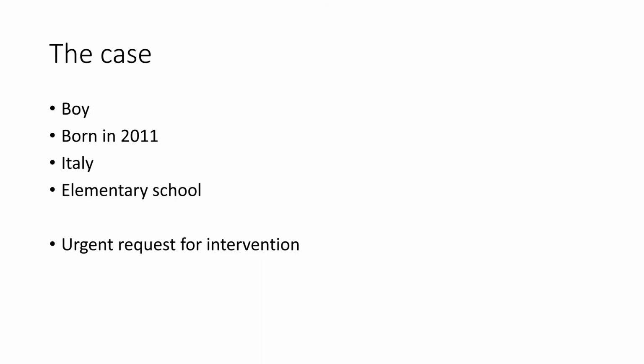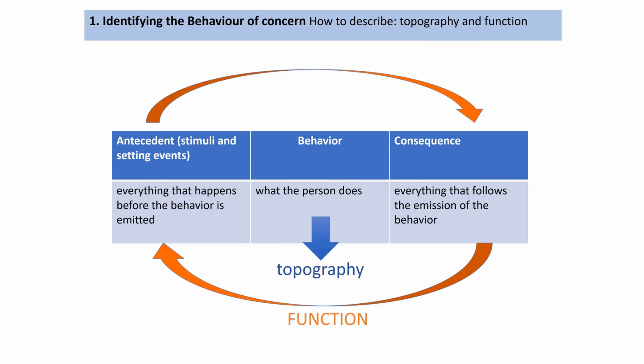As you may imagine, this situation made the socialization of the child difficult and also hindered his learning as well as being dangerous for teacher and classmates. As you know, the way to proceed is to start from the initial request for help to identify and describe one or more target behaviors.